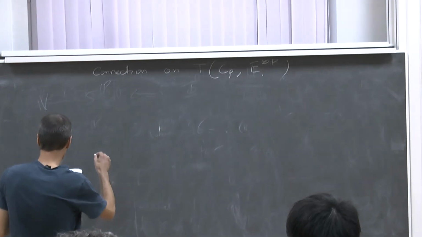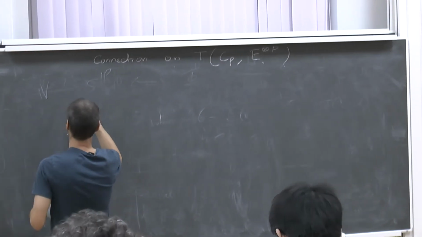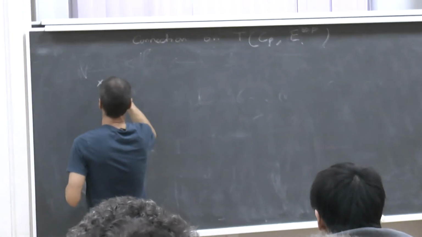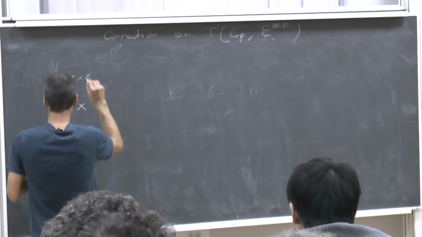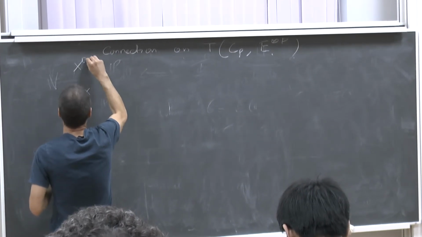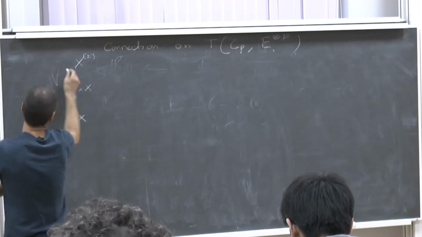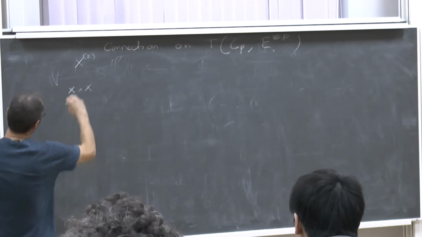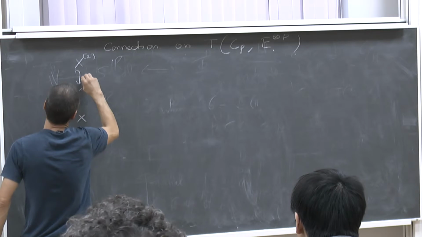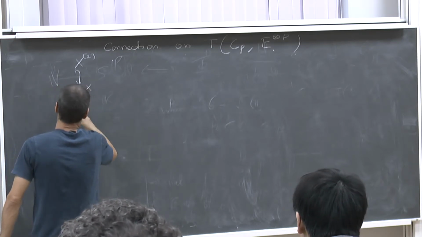So what do we have to do? I have X, I have X times X, and by X^[2] I denote the first infinitesimal neighborhood of the diagonal. There are two projections here, p1 and p2.